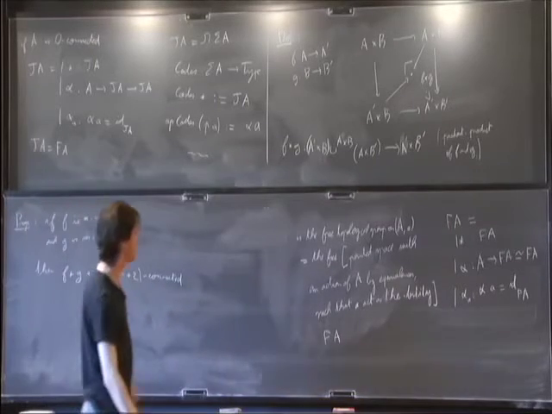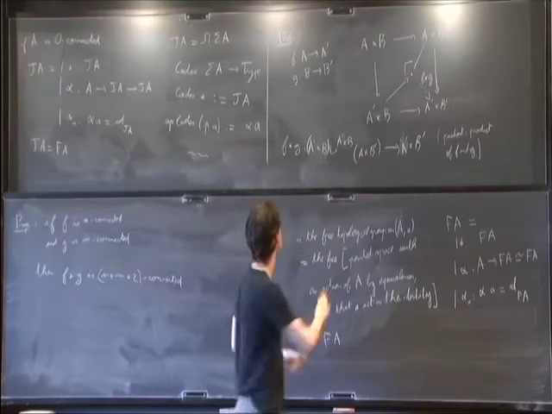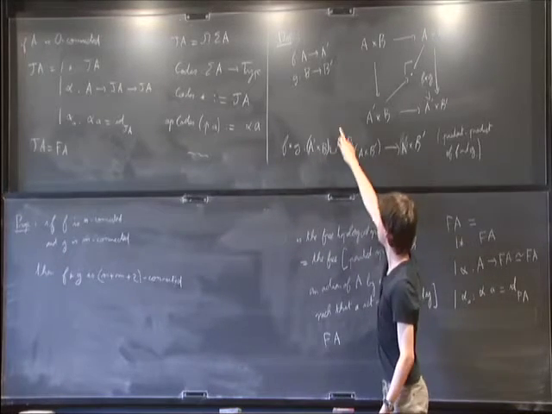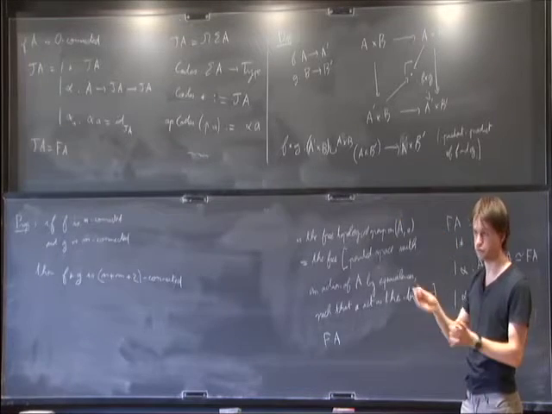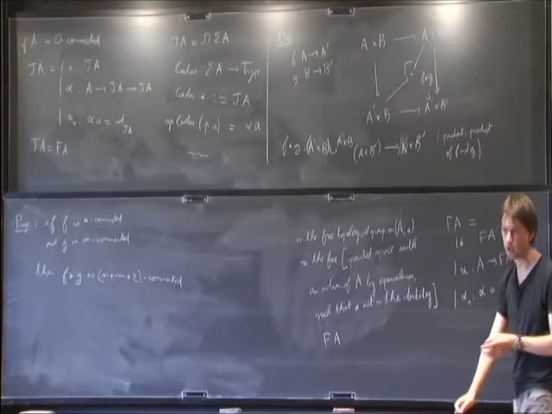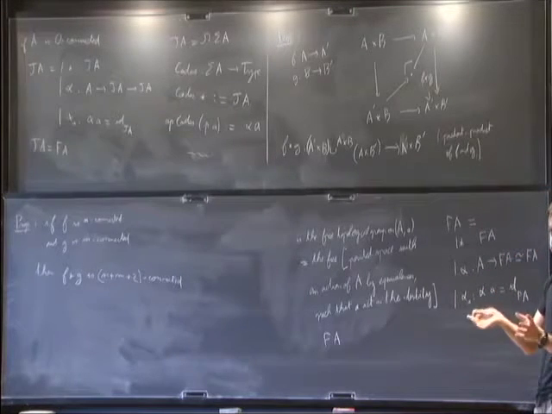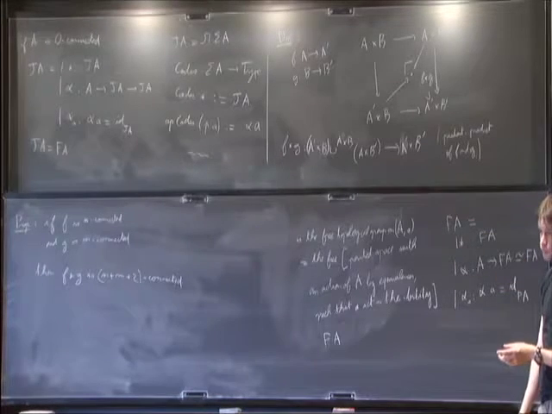So as a special case, if you have A, which is a point, and B, which is a point, this is just the wedge of A prime and B prime, and this map is the inclusion of the wedge into the product. And so you get the result that the inclusion of the wedge into the product has connectivity the sum of the connectivity of the two spaces.